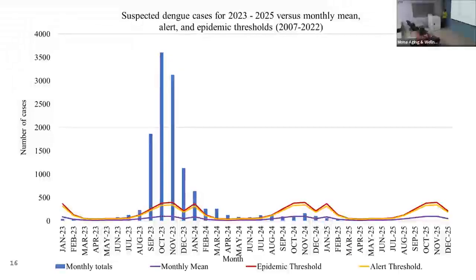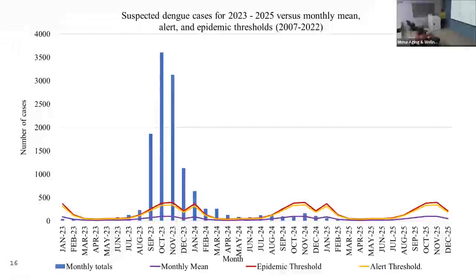If the number of cases of dengue though goes above the mean plus 2 times the standard deviation, then we're 95% sure that this is not normal. It's above that, we're 95% sure we declare an outbreak.